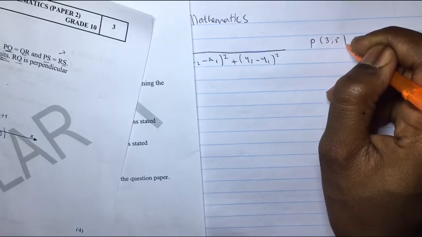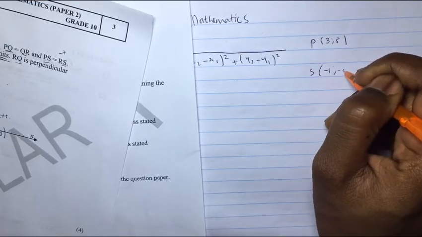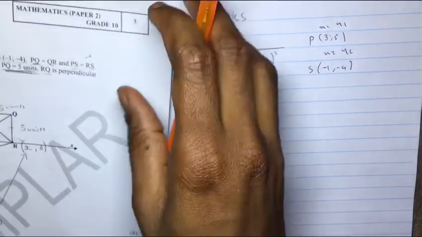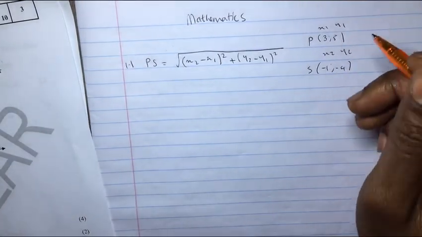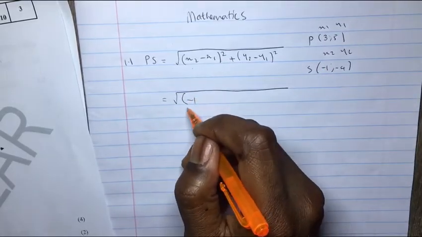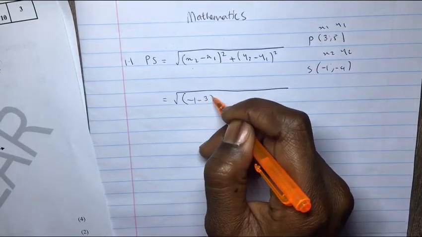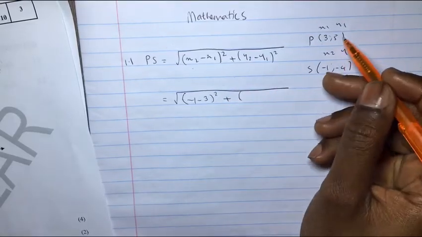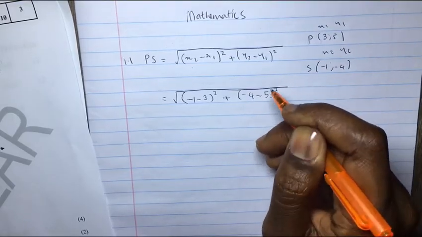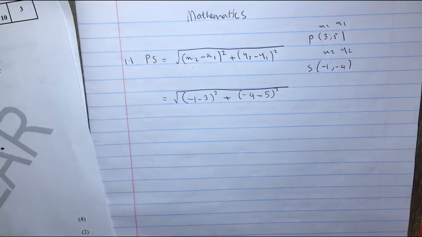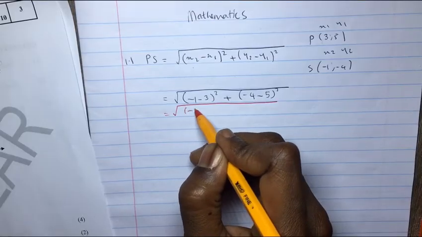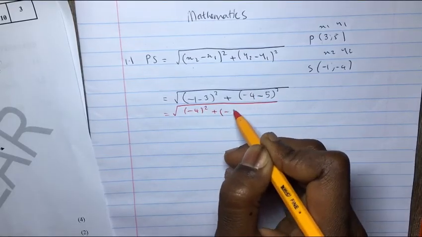Our coordinates: P is (3, 5) and S is (-1, -4). Then we take x1, y1, x2, y2. You can take the first one as your first coordinate, or the second one. It does not really matter, because we're going to square the whole thing. So x2 is -1, x1 is 3, so (-1 - 3) squared, which is (-4) squared, plus (-4 - 5) squared, which is (-9) squared.